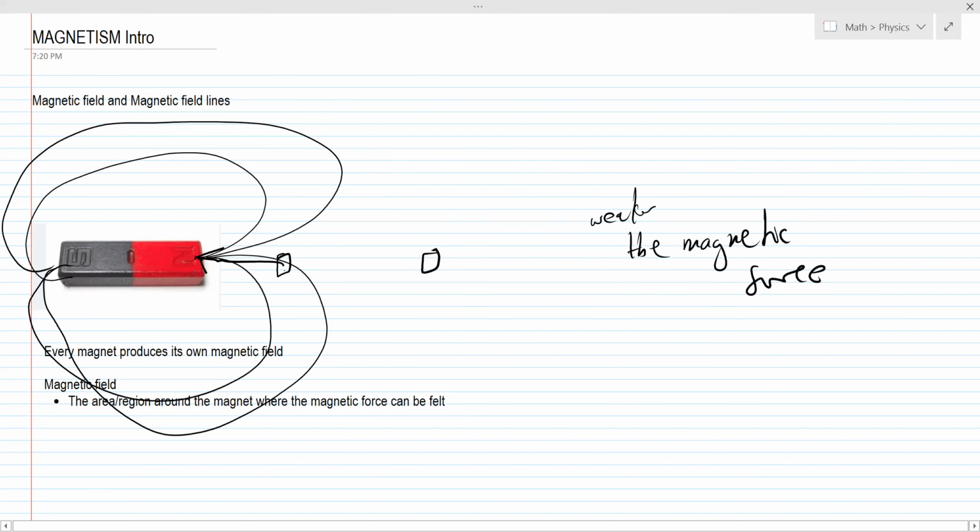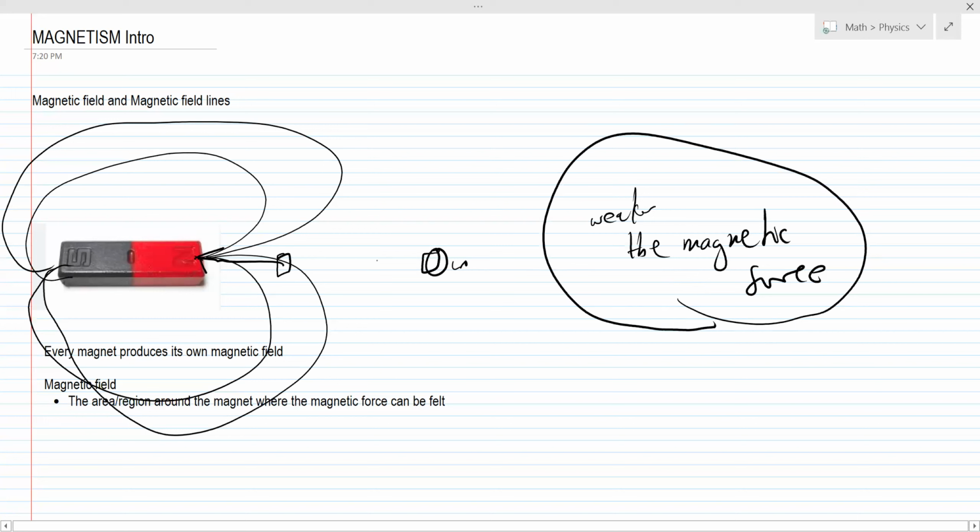If you increase the distance between a piece of iron and the magnet, the magnetic force is going to reduce, so it is less likely to attract. You can also test that by yourself.